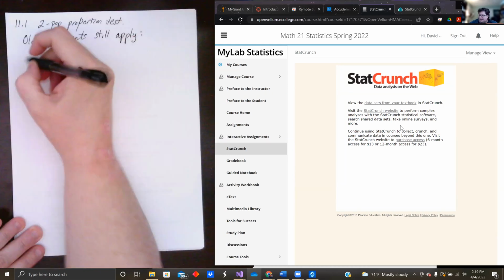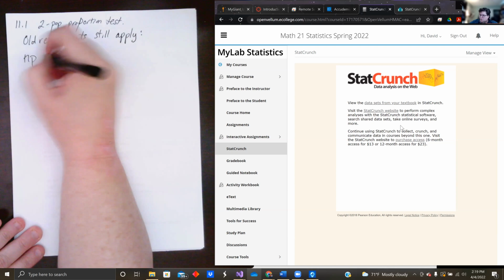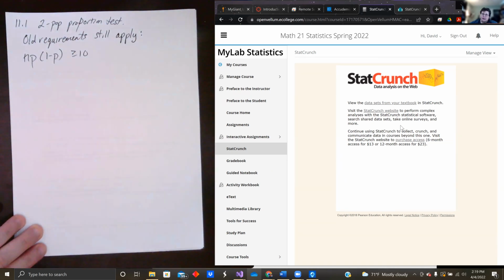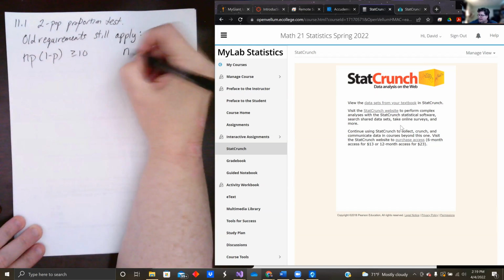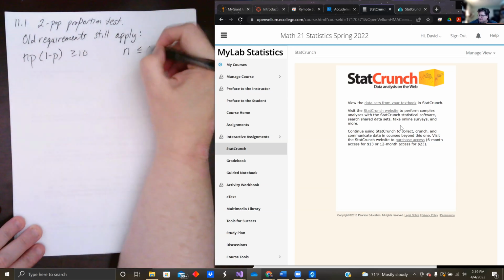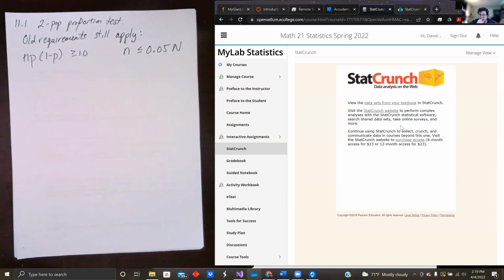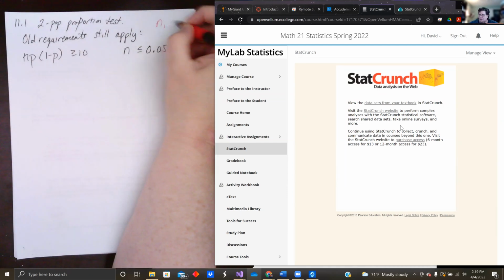We needed n times p times 1 minus p to be greater than or equal to 10, and we needed n to be less than or equal to 5% of the population. Now we have two groups, so we have two n's and two proportions: an n1 and a p1 for group 1, and an n2 and a p2.